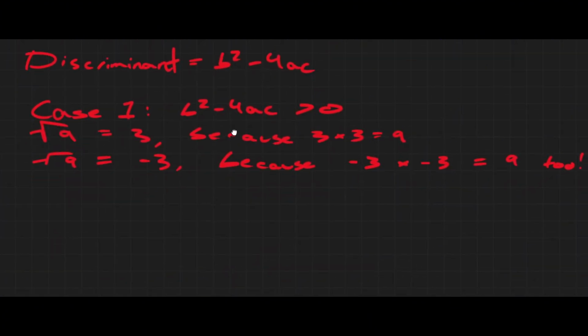All right. Let's look at case 2. When it's 0, right? When we take the square root of 0, right, we actually only get one solution.